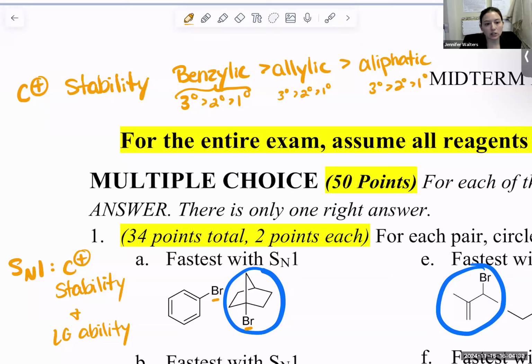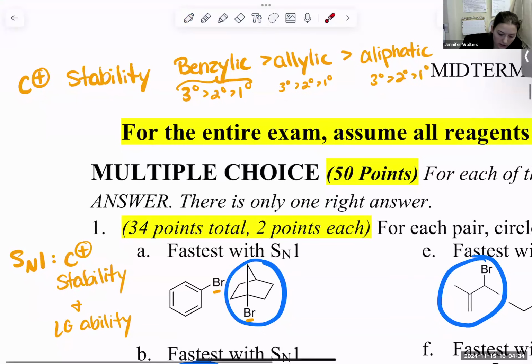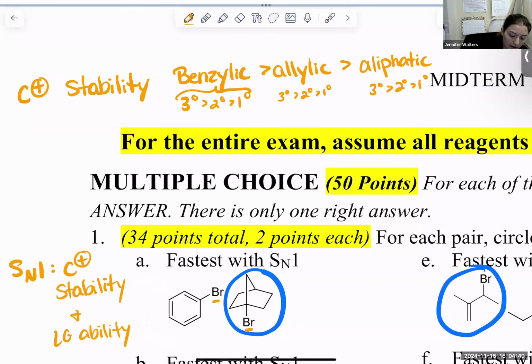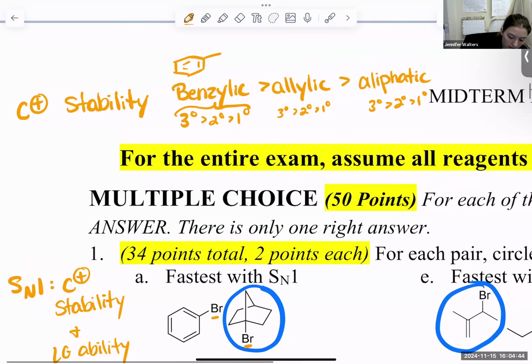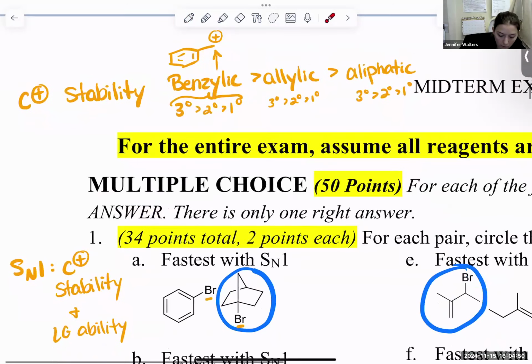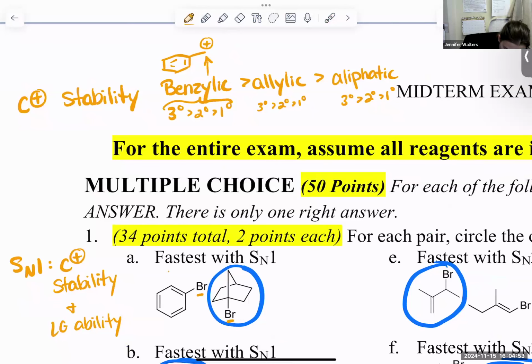When I look at these two structures, I see that this one is on benzene. Remember that benzylic means that you are one away from benzene. That is benzylic. This one would be on benzene, on the double bond itself.